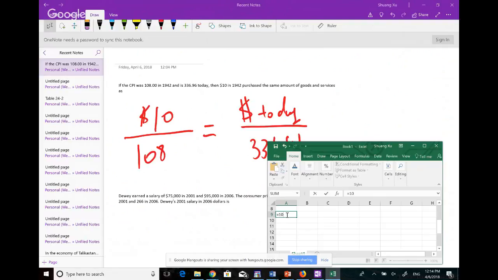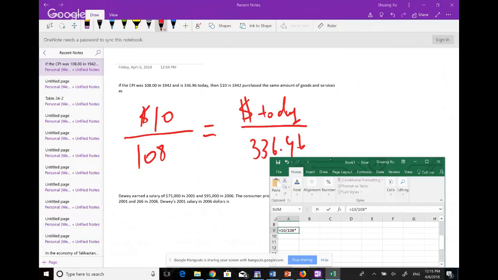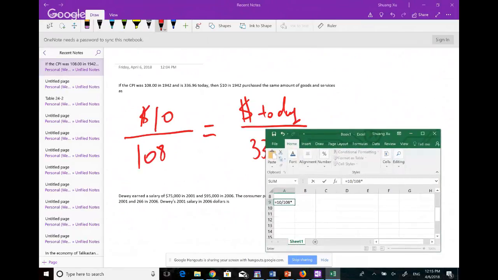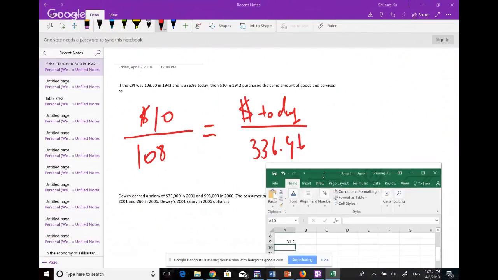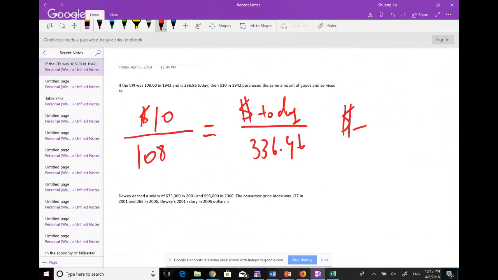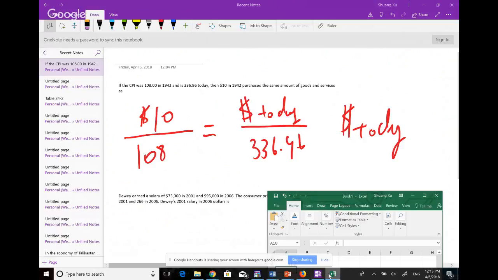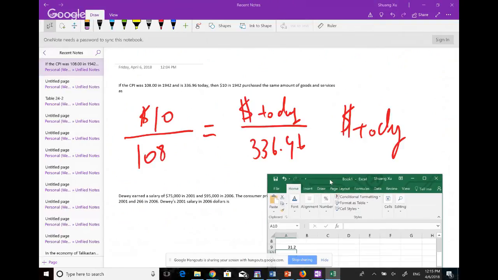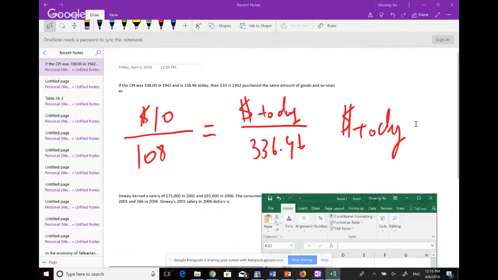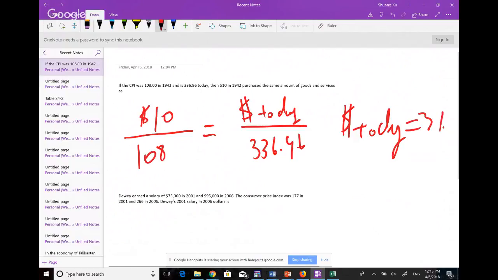So 10 divided by 108, and then I would times the lower part over here, 336.96, and that will give me 31.2. Okay, so the answer is the dollar amount today. So 31.2 is our answer.